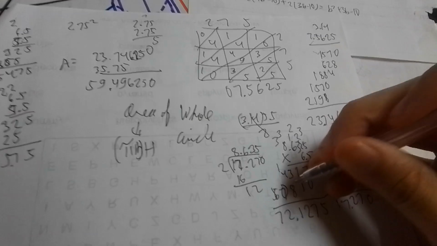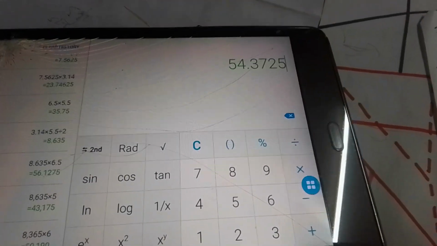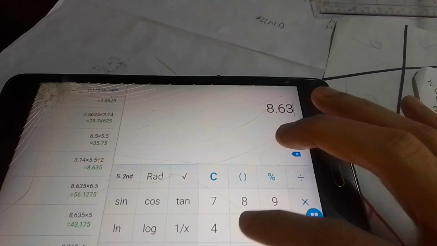5190. But never mind, let's just use the calculator so it's faster, okay? So therefore, 8.635 times 6.5. So that's the answer.